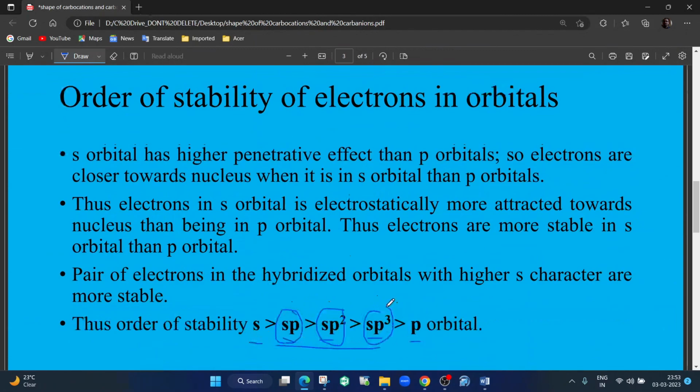Because whichever has more s character is closer towards nucleus. Therefore electrons are more stable in s orbital, then sp orbital, then sp2 orbital, then sp3 and then only p orbital. So electrons are happiest in s orbital, least happy in p orbital.